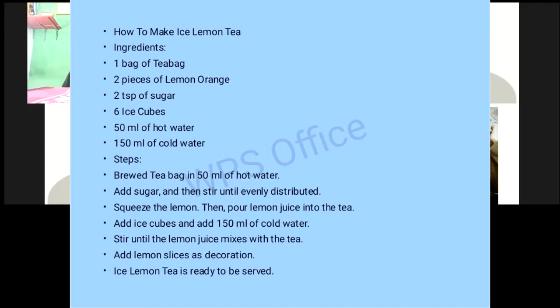Squeeze the lemon, then pour the lemon juice into the tea. Add ice cubes and add 150 milliliters of cold water. Stir until the lemon juice mixes with the tea. Add lemon slices as decoration, and finally the iced lemon tea is ready to be served.